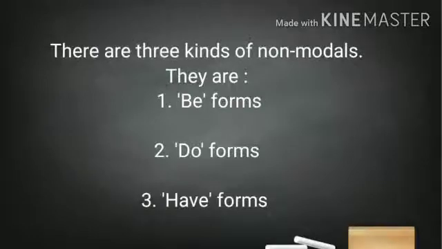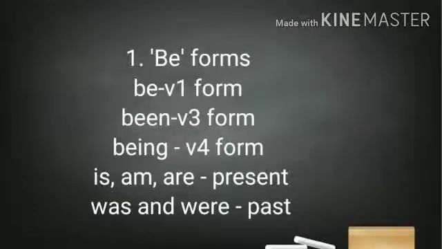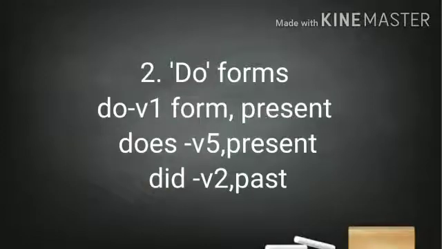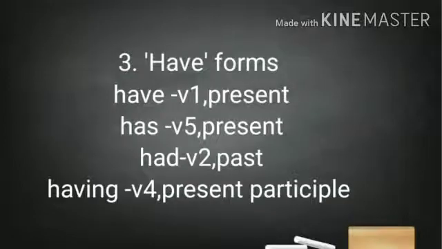They are be forms, do forms, and have forms. Be forms include be, been, being, is, am, are, was, and were. Do forms: do, does, and did. Have forms: have, has, had, and having.